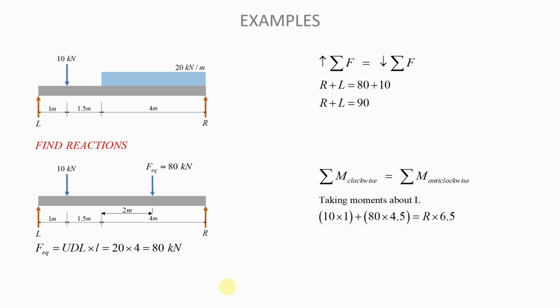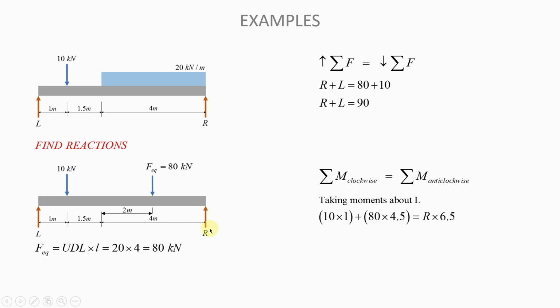And so if you do it, this is what you will have: 10 times 1, because that is the distance between this force and this location, plus 80 times, if you measure that whole distance, 4.5. The distance between the equivalent force and L is 4.5, and that must be equal to the sum of anti-clockwise moments.